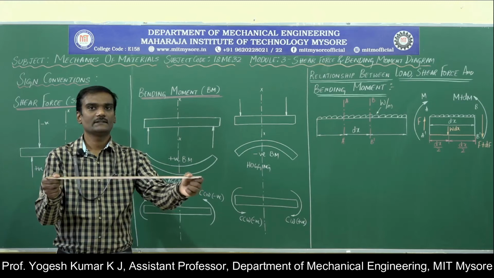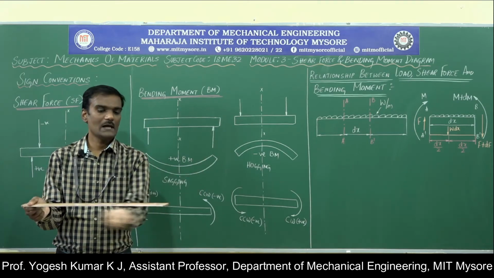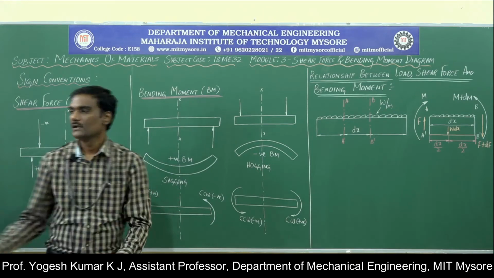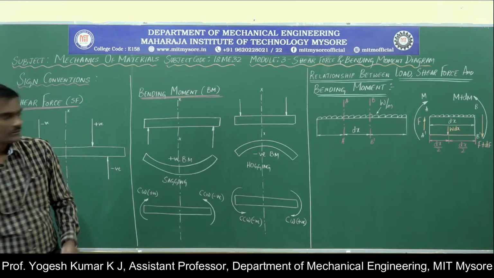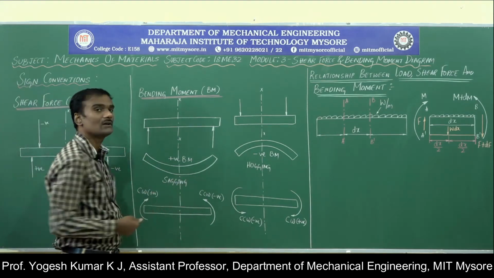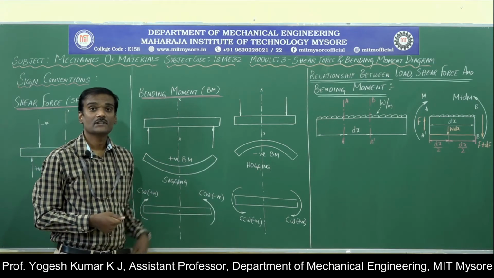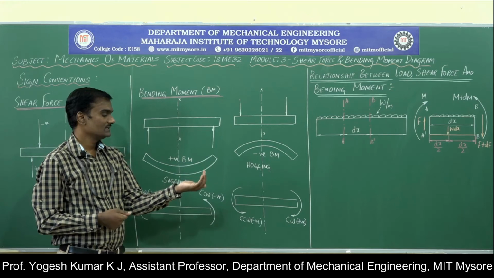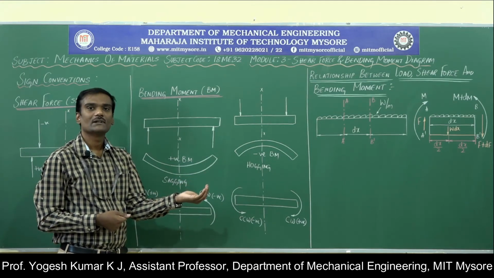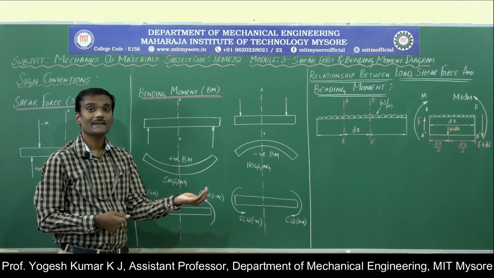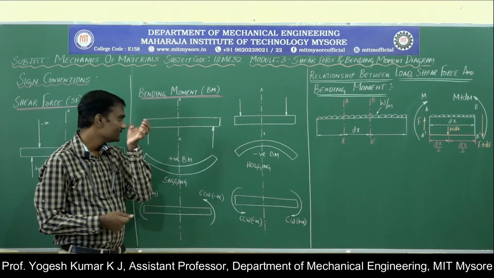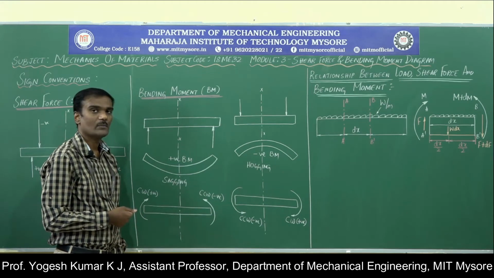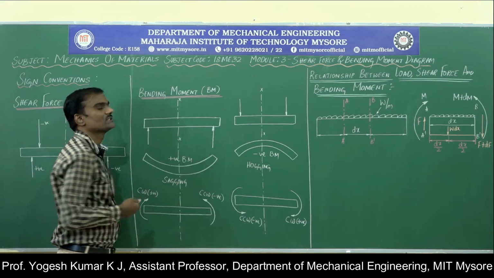It will bend like this. We will have a bend over here. So this type of bending we call a sagging effect. If the beam bends in this particular fashion, we call it a sagging effect. This sagging effect or sagging moment will always be a positive bending moment.